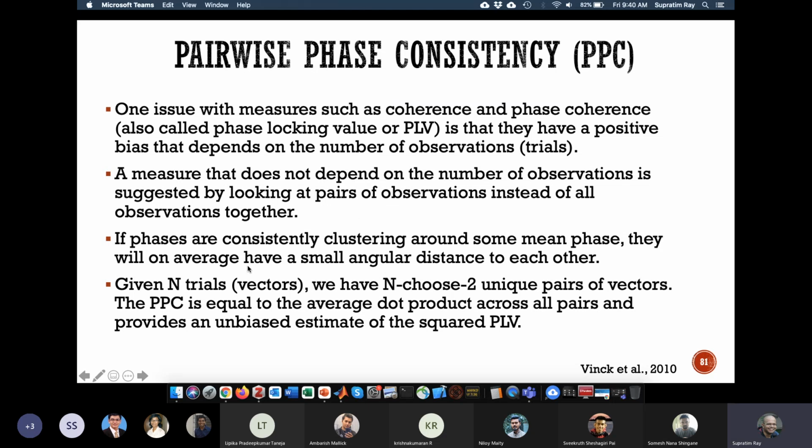The idea is that if phases are consistently clustered around some mean phase, they on average will have a small angular distance to each other.